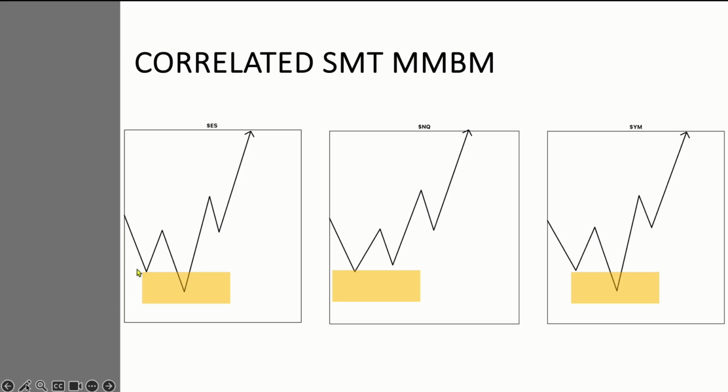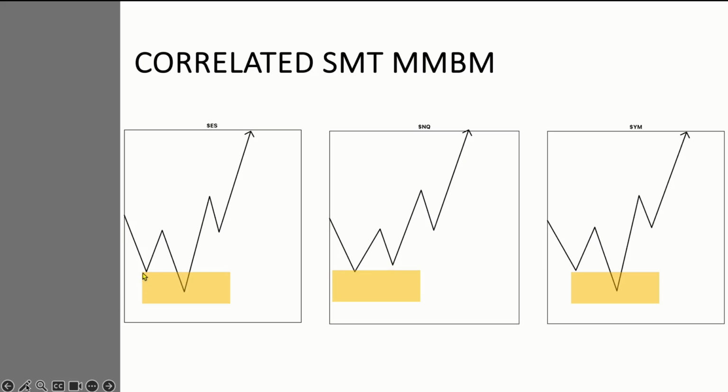What we can see is that there's a cracking correlation between ES slash Dow Jones and the Nasdaq, because both ES and the Dow Jones made lower lows, whilst the Nasdaq makes higher lows.